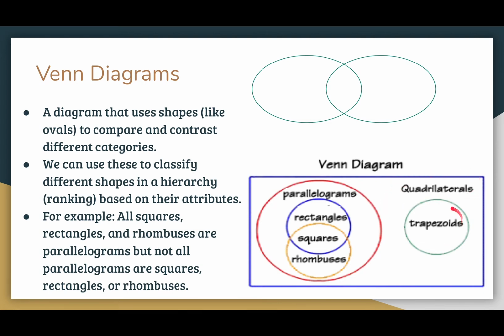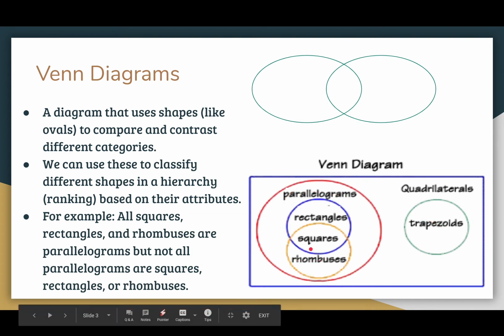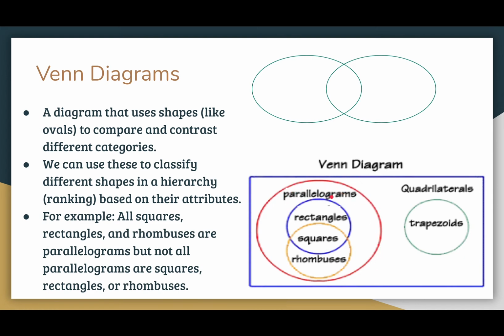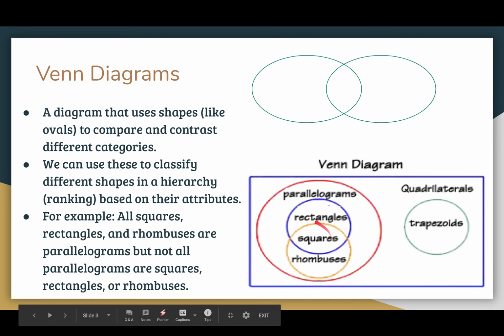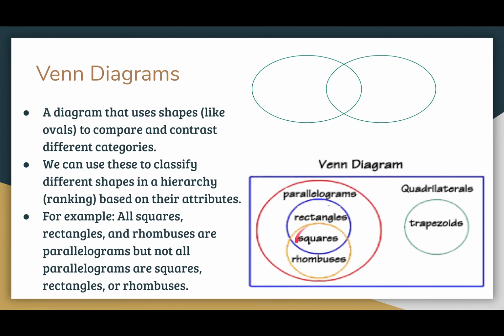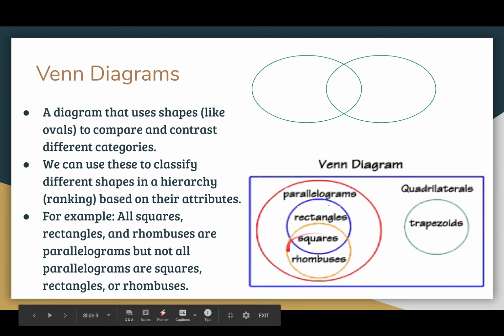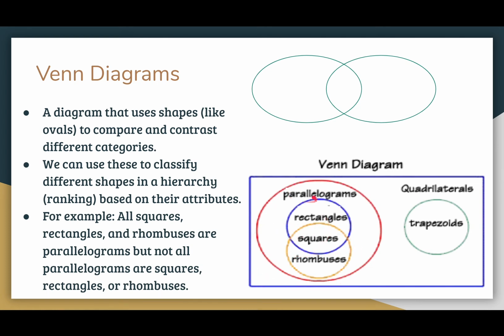Now, in its own little category over here, we have trapezoids because they may not fall under this category. When we go into this red circle, we see parallelograms. Okay, a parallelogram is a shape that has parallel sides. So within parallelograms, we have rectangles, squares, and rhombuses. Then we know, looking at our Venn diagram here, that rectangles, squares, and rhombuses all have parallel sides.